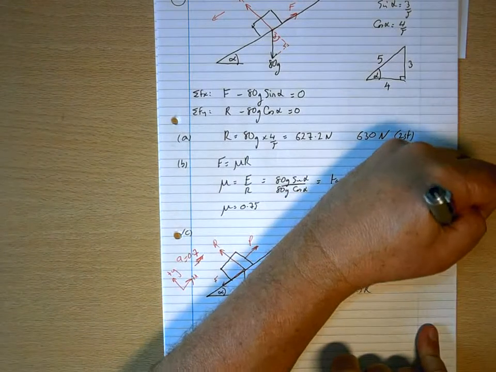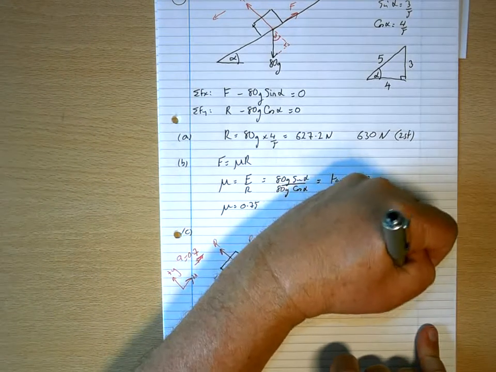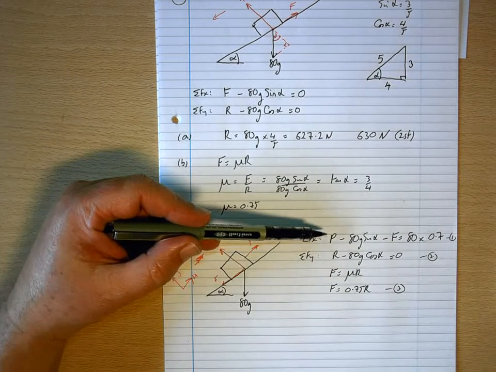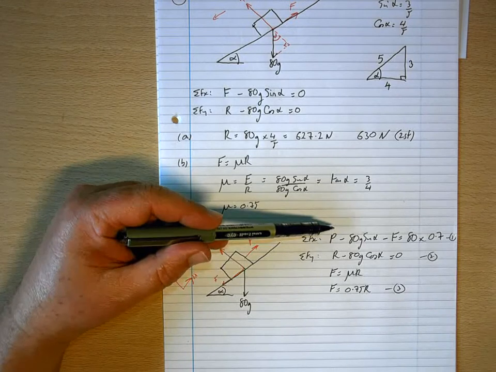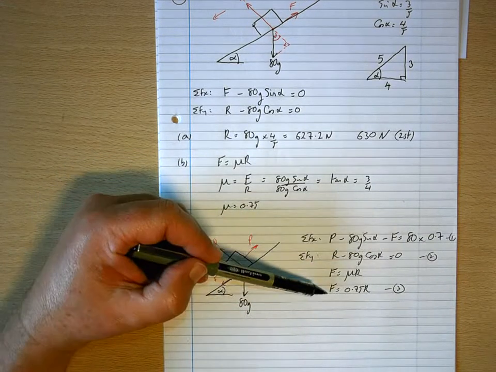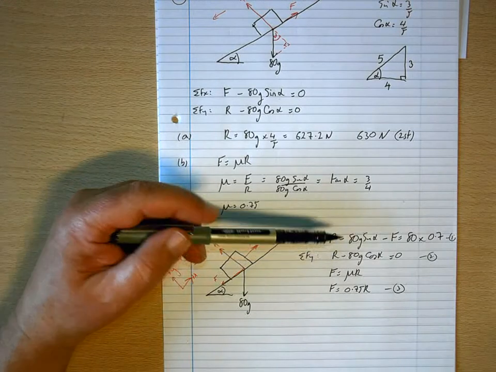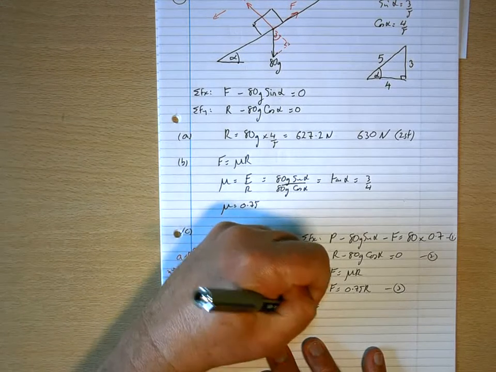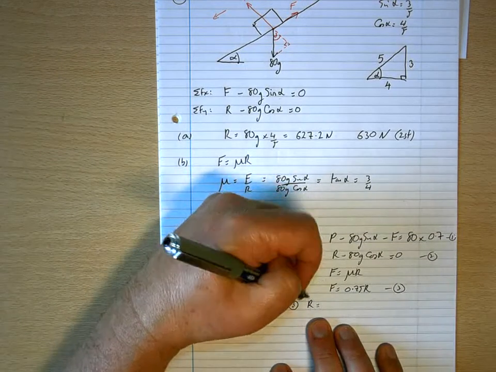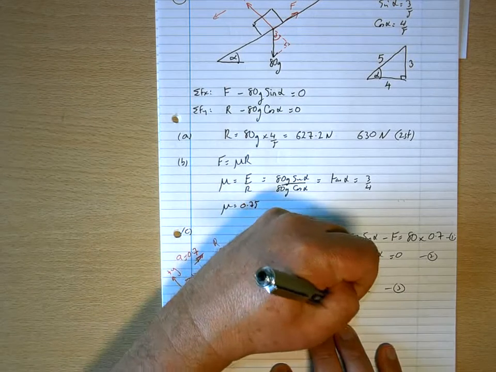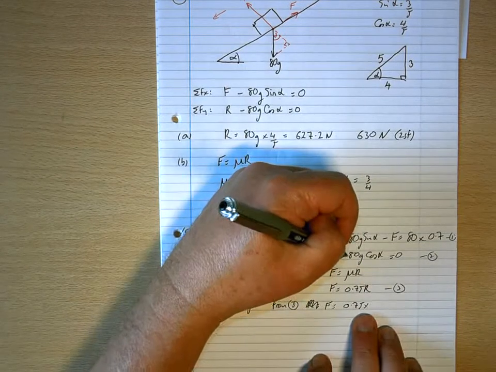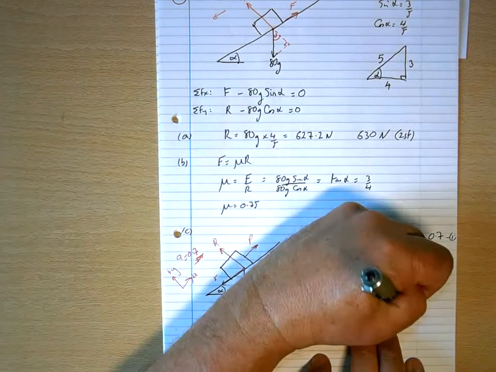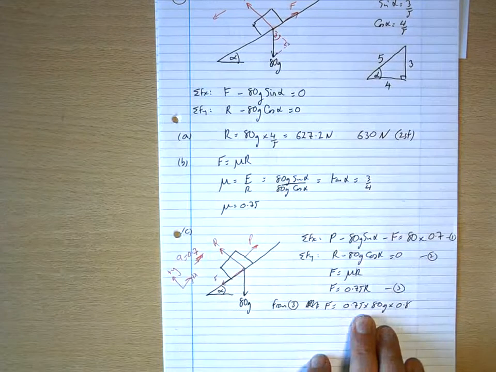Okay, so if I call those 1, 2, 3. I need to work out what P is, so I have to end up in equation 1. In order to do that, I need to know what F is. I get F from equation 3, and I know what R is. So F equals 0.75 times R, which is 80g times cos alpha, and cos alpha is 4/5.